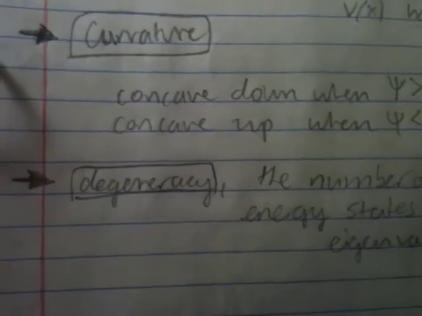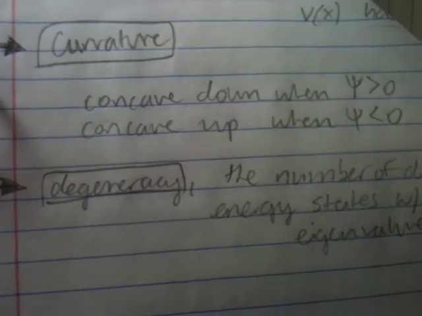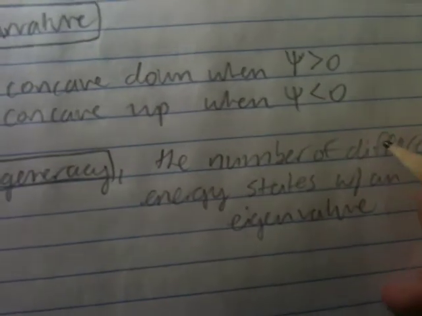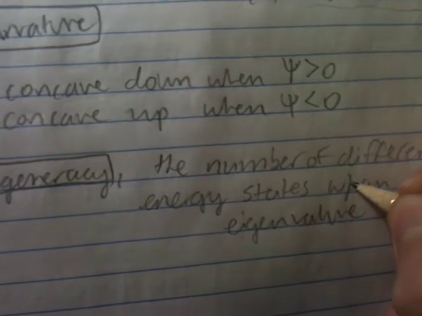That makes sense. And the final term for this review of the first quiz, degeneracy. There's a number of different energy states within an eigenvalue.